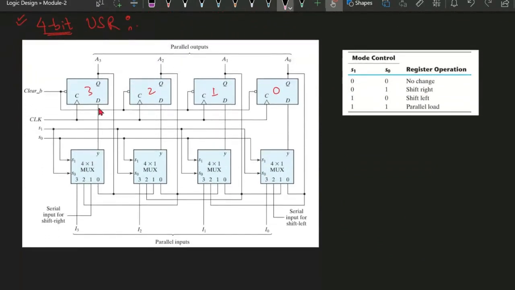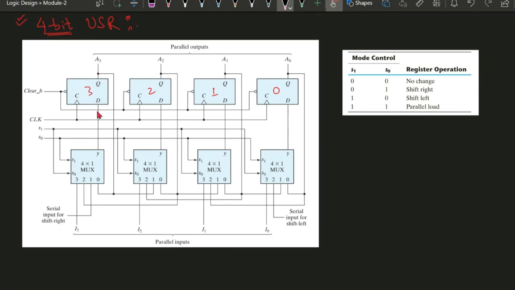You can just see here. These are the flip-flops. 4 different flip-flops are there, and Q is the output of the flip-flops, and D is the input to the flip-flops. Suppose we go with serial in, serial out. In that, we should be providing the input from this D, of the third flip-flop.